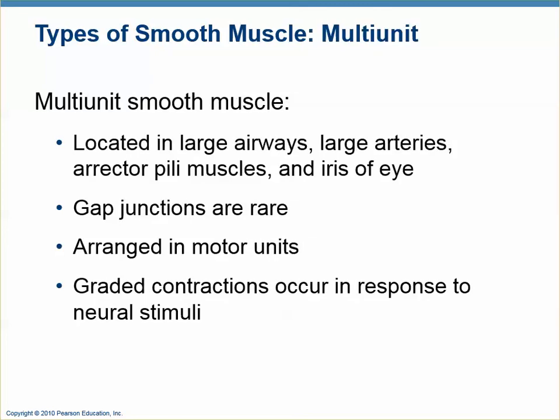But there's another type called multi-unit smooth muscle. These are smooth muscle cells that each work independently of the other smooth muscle cells. So we have them in places where it's almost like skeletal muscle, where we want specific movement to happen.